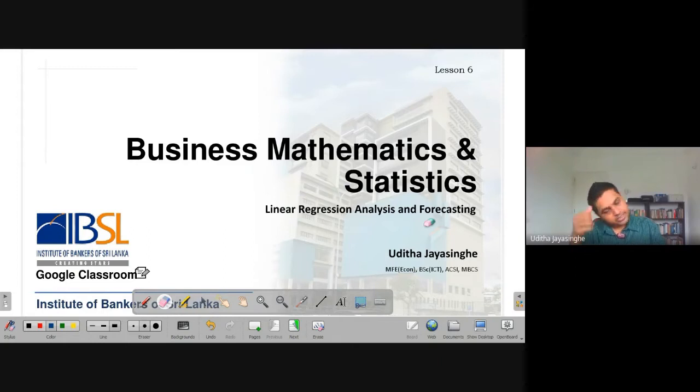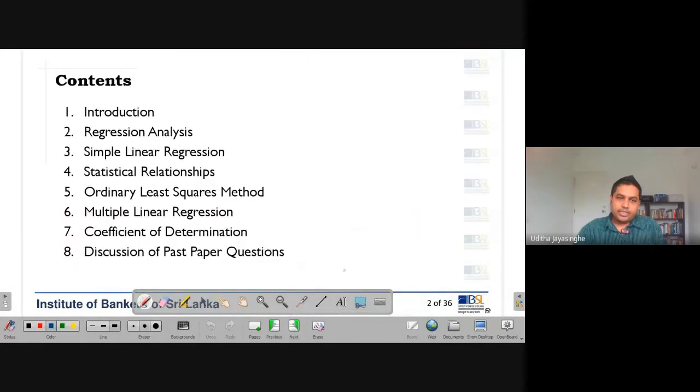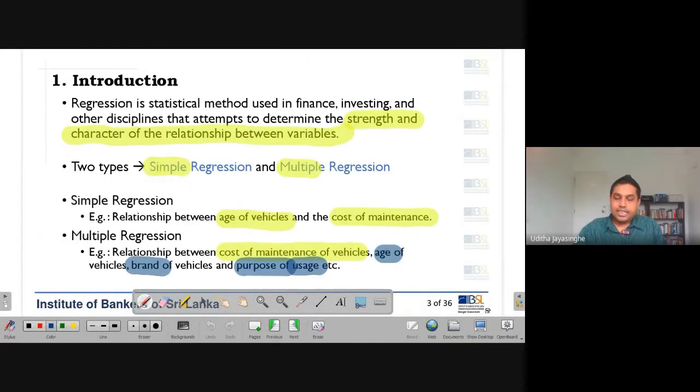Since we already started the very basic part of it, let us once again go through the first couple of slides and we will continue from there. Okay. So first of all, we wanted to understand that in the real world, the relationships that we see sometimes cannot really be seen by the naked eye.